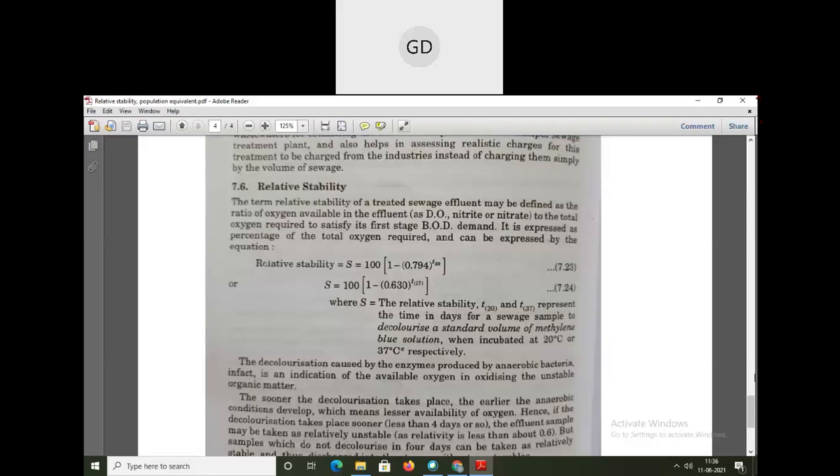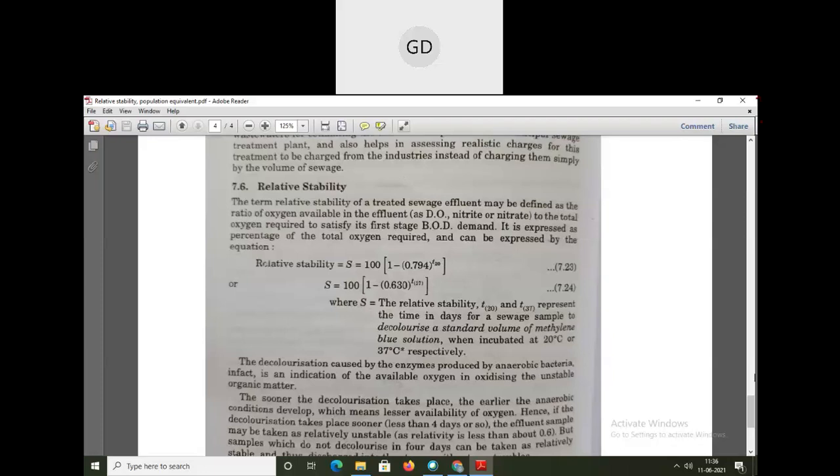If you can remember the first stage BOD demand, in the next class I will be showing you the expression for the first stage BOD. So here it is basically the ratio of the oxygen available in the effluent to the total oxygen required to satisfy the first stage BOD.